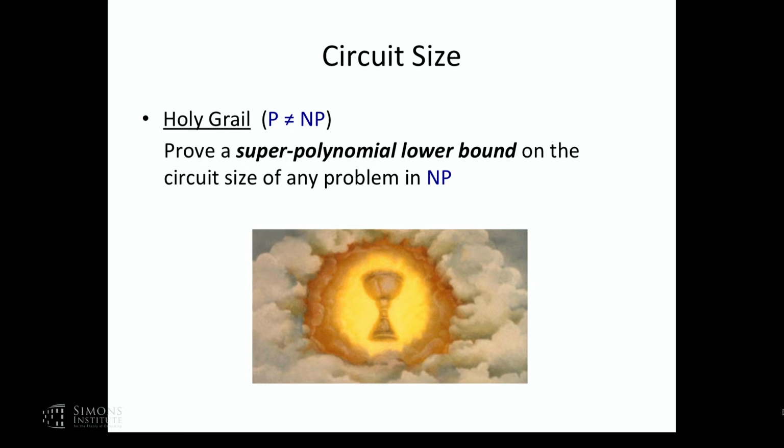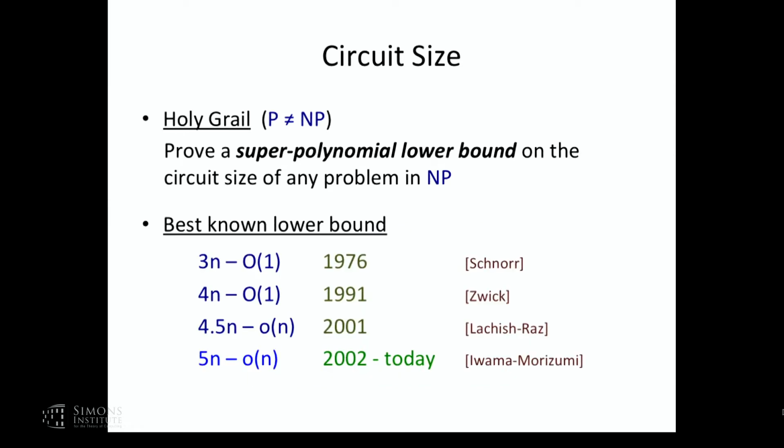Okay, so the holy grail in circuit complexity: prove a superpolynomial lower bound on the circuit size of any problem in NP. Unfortunately, proving lower bounds on explicit functions is hard. Here's a table of some record lower bounds over time. We see there's been very slow improvement, and the best lower bound we have today for Boolean functions is just shy of 5n.